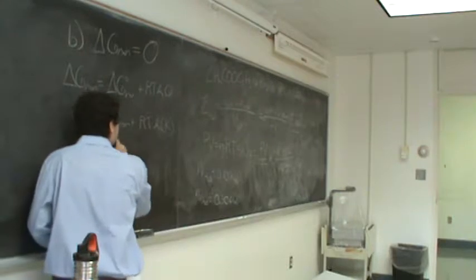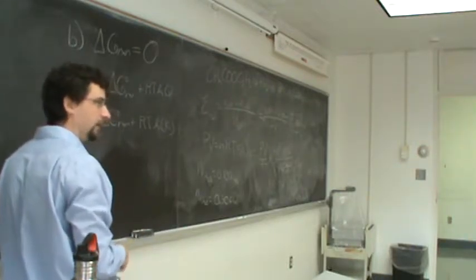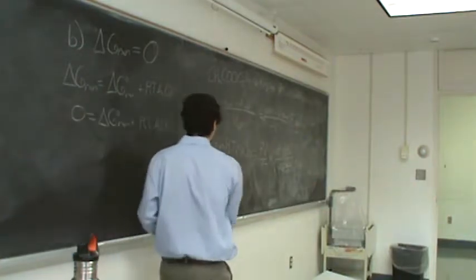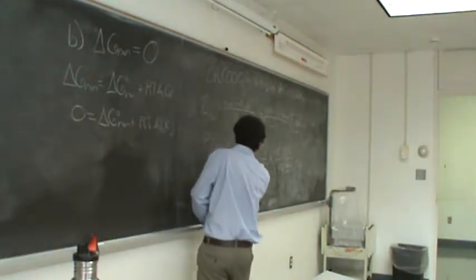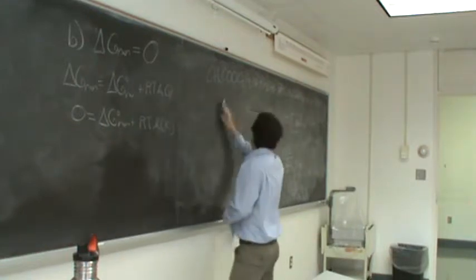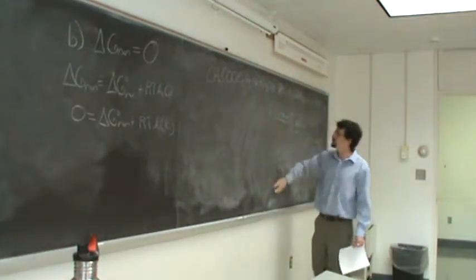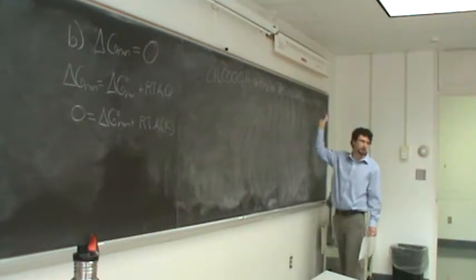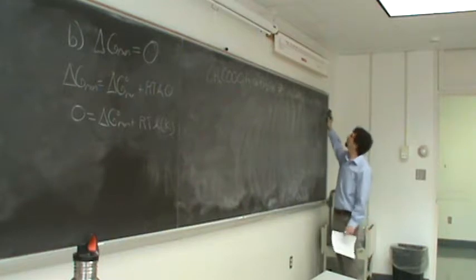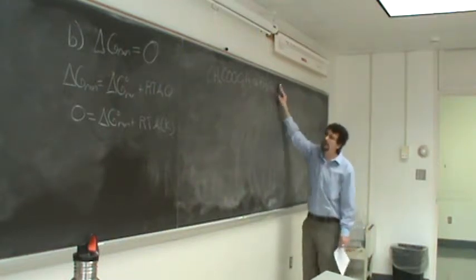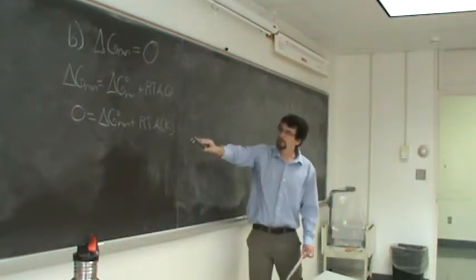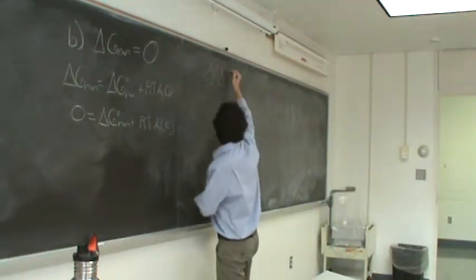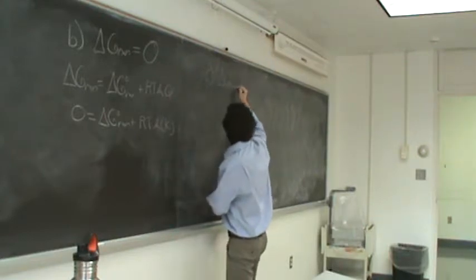However, that's different than delta G naught of a reaction. That comes from tabulated data, which we can look up in the back of the book, summing all the products and subtracting off all the reactants. But we know the value of K, so we can use this expression to figure out delta G naught of the reaction.